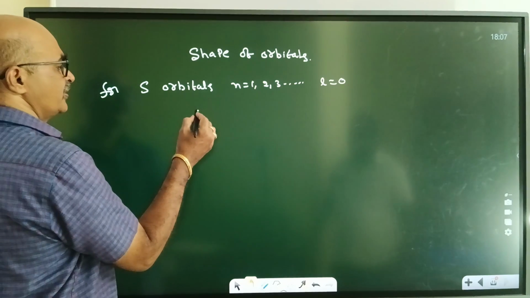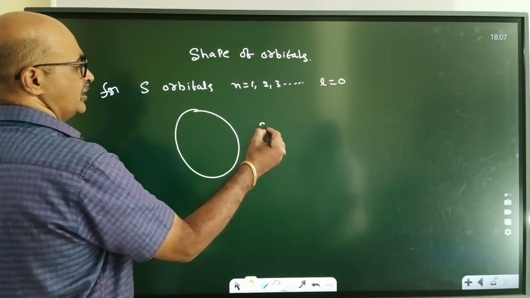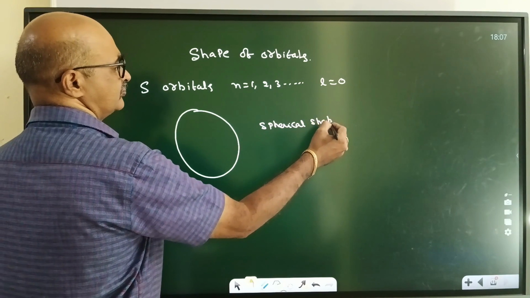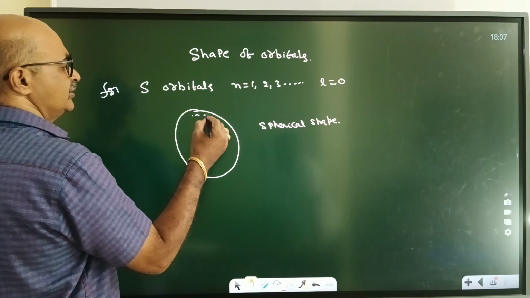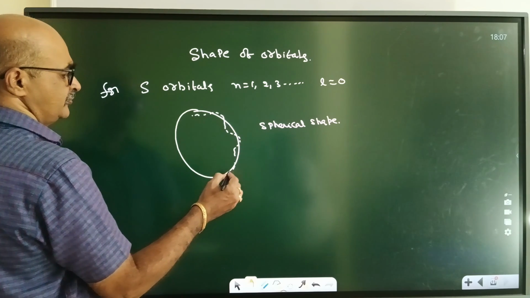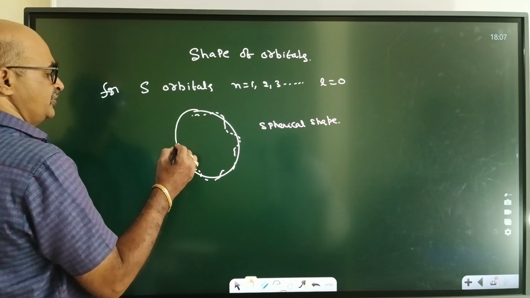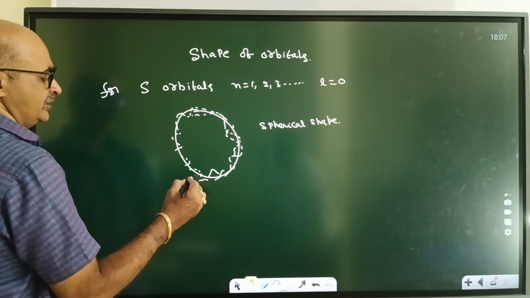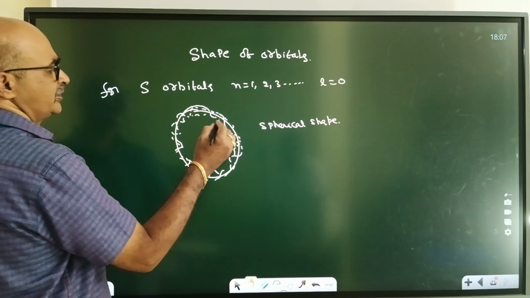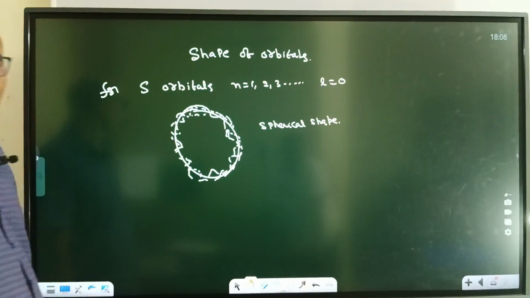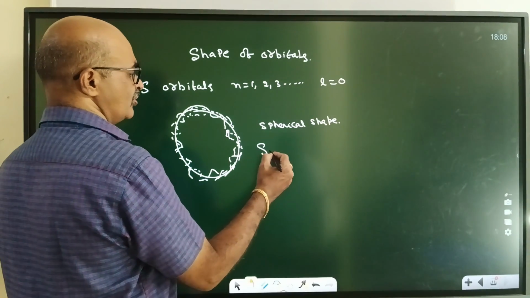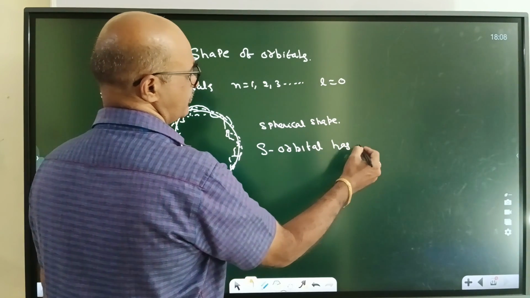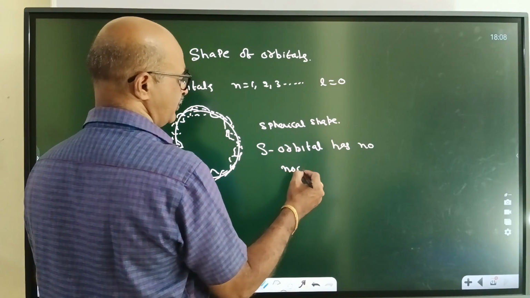It has a spherical shape. Electron density is uniformly distributed in an s orbital. So s orbital has no nodal plane.